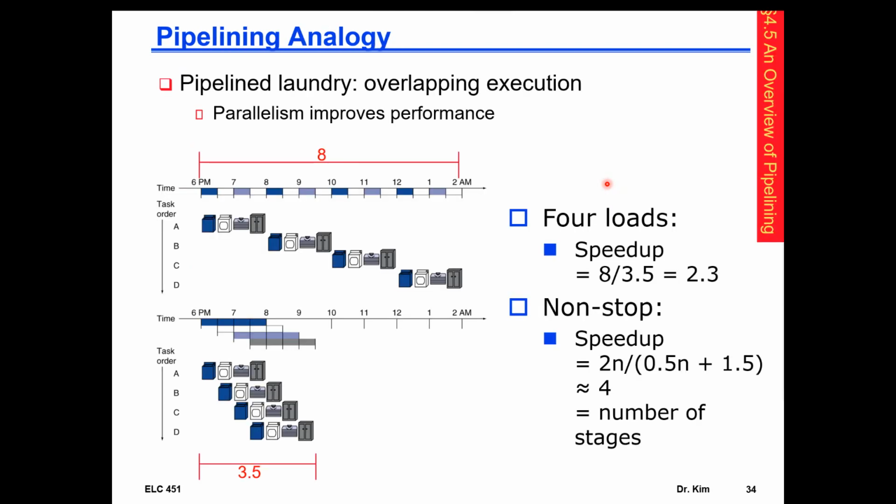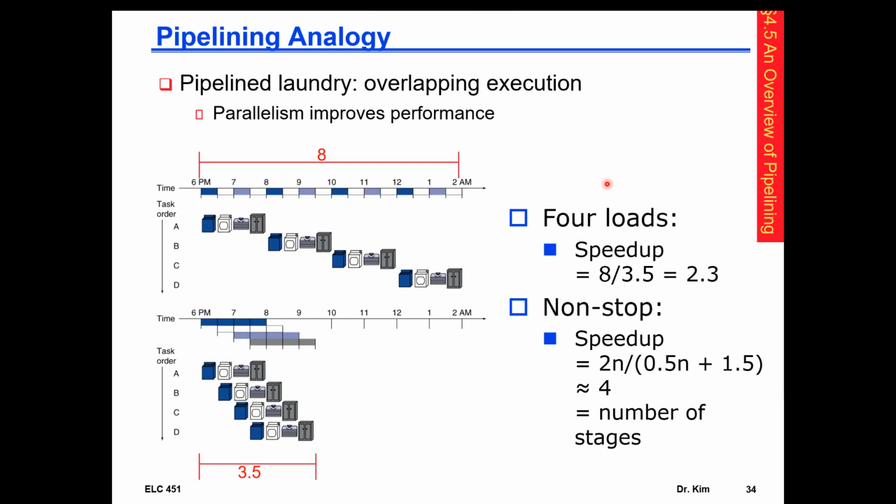So let's look at pipeline. What is the idea? It's easy to explain it with something like doing laundry. This analogy is used a lot. Let's say that you are doing consecutive loads of laundry.